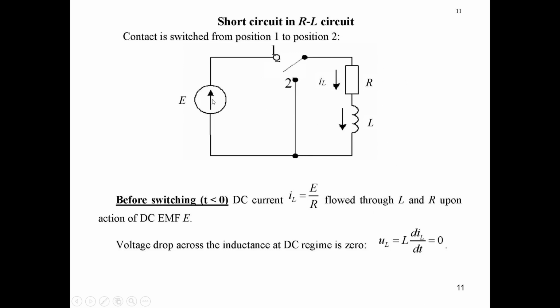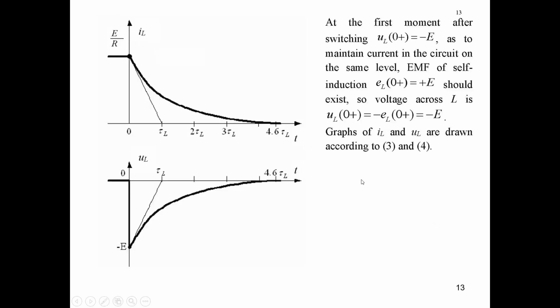When the source was connected, there was some current here. Then the source was disconnected, and we have a forced component equal to 0, but the natural component should have such a value to retain the same current here. And to retain this value, the voltage drop across this inductance was equal to minus E.